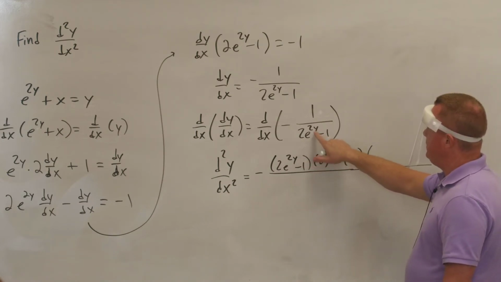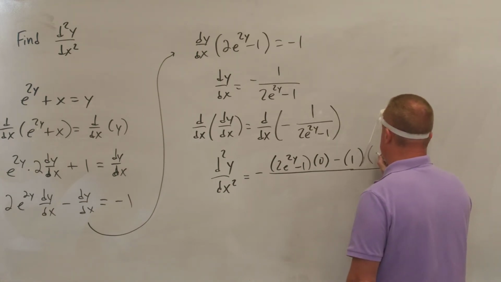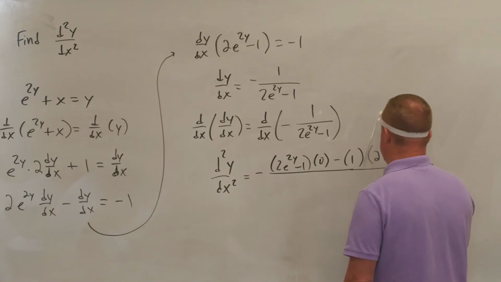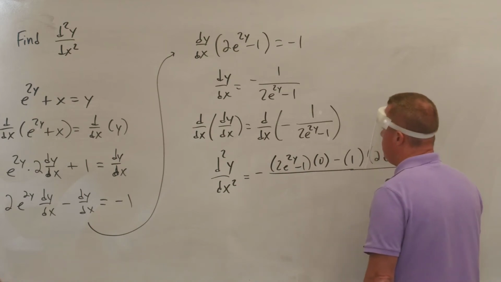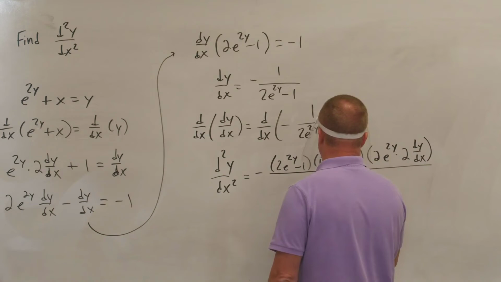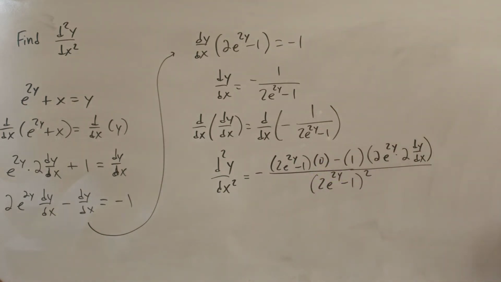But for 2e to the 2y, I would have 2e to the 2y and then times 2 dy/dx over the bottom squared. Okay. Any questions about that? Any of those steps there?